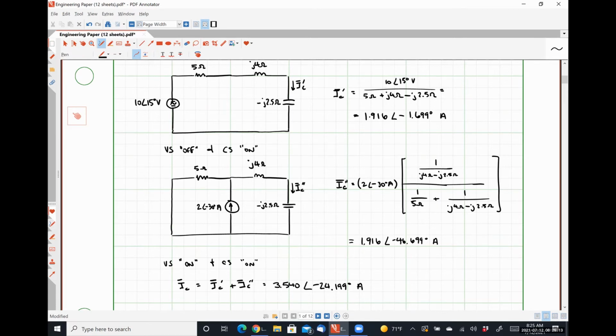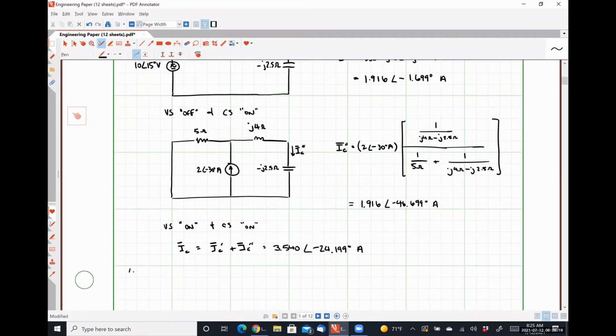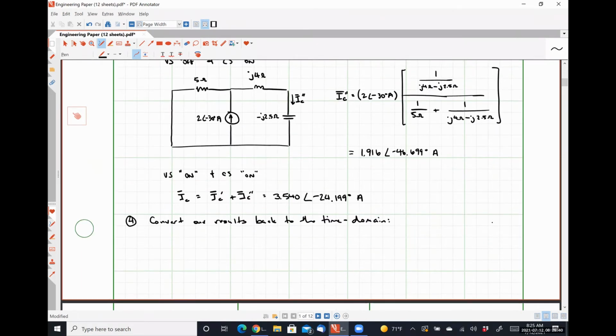So our last step here is to convert our results back to the time domain. So IC of t will be what? How do we convert from the frequency domain to the time domain?